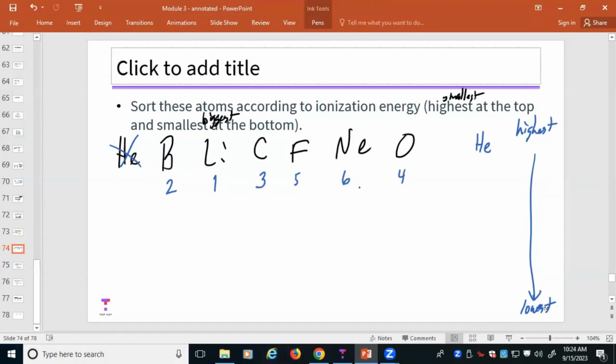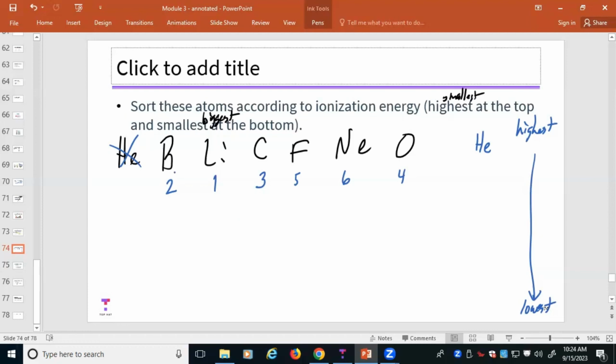Neon would be the smallest of these. Lithium would be the largest of these. Now, I need to look and see, are there any exceptions in this list? And the answer is no. The exceptions would have been beryllium and boron, which we're not ranking beryllium, so that's okay. And nitrogen to oxygen, and again, we're not ranking that one, so it's okay.